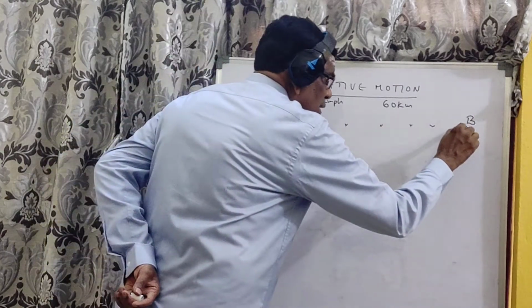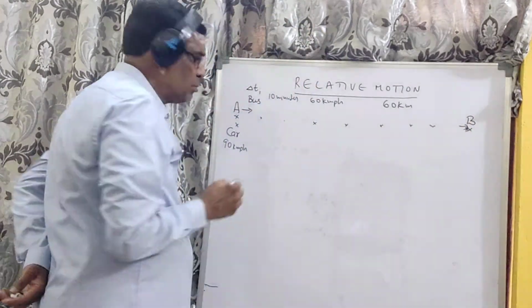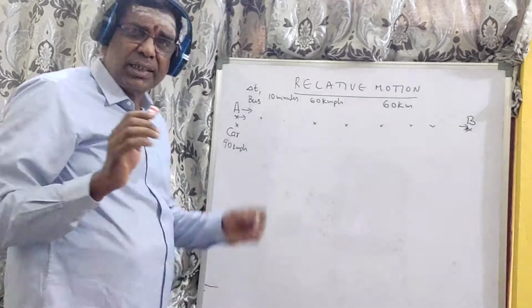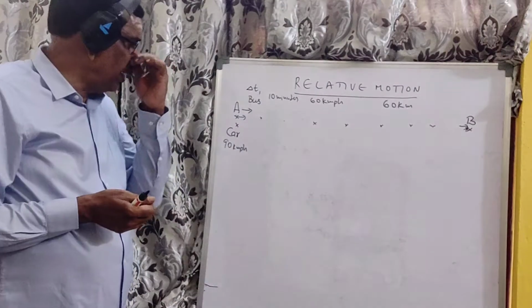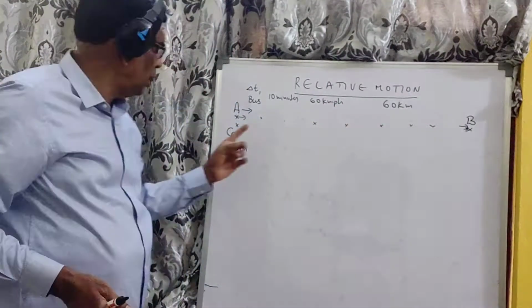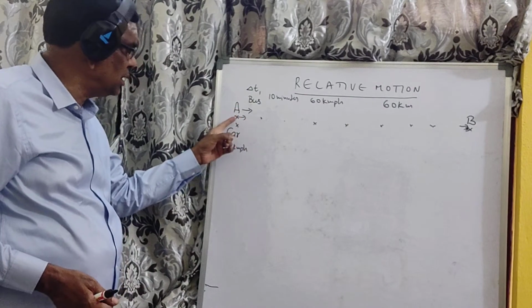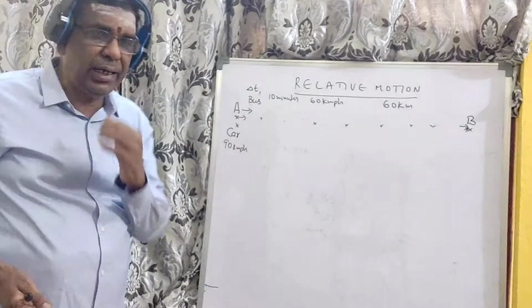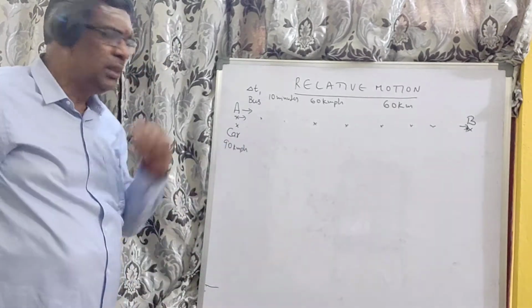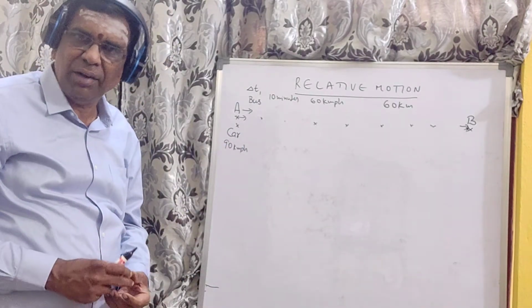When a bus is just arriving at B, and another bus is just about to leave A, at that instant, the car leaves with 90 kilometers per hour.